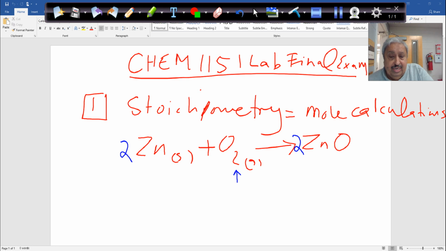So this is a balanced equation. It will tell you that oxygen from the air is in abundance, so it will be in excess, and zinc will be limiting, so it's not in excess.